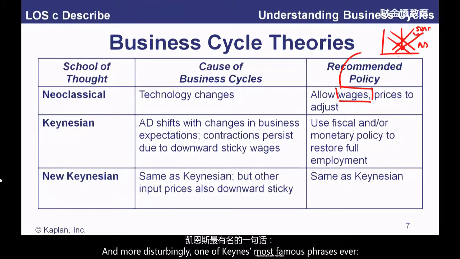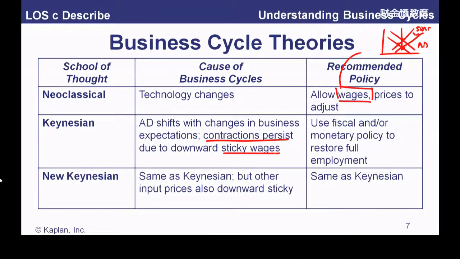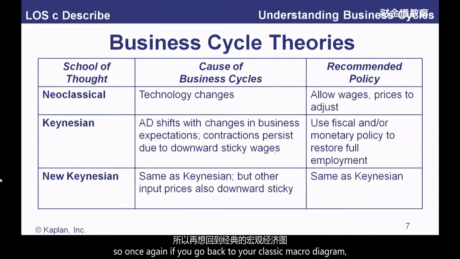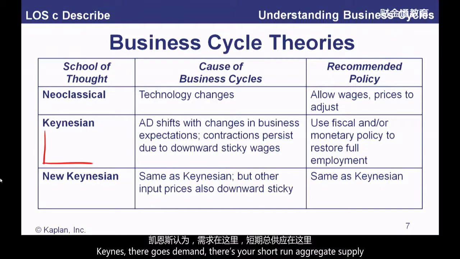And rather disturbingly, one of Keynes' most famous phrases ever, you will get stuck in a contraction because of sticky wages. So once again, if you go back to your classic macro diagram, there's aggregate demand, there's your short-run aggregate supply.